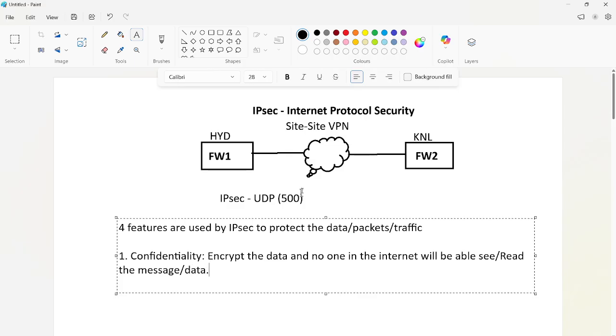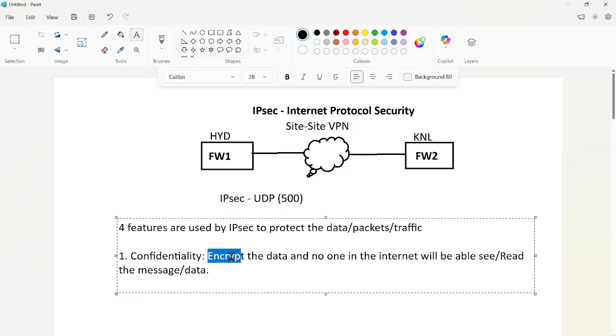So this confidentiality works by encrypting the data. We have already discussed what encryption is, what decryption is, and how encryption and decryption are done. Encryption means we are converting our plain text into cryptographic text.